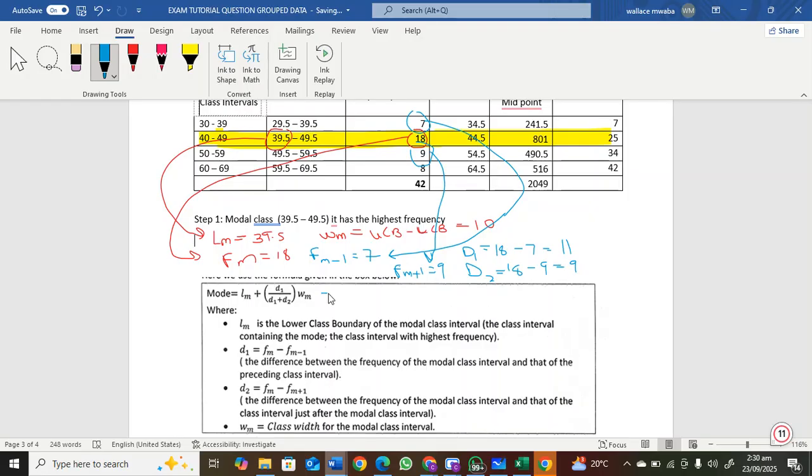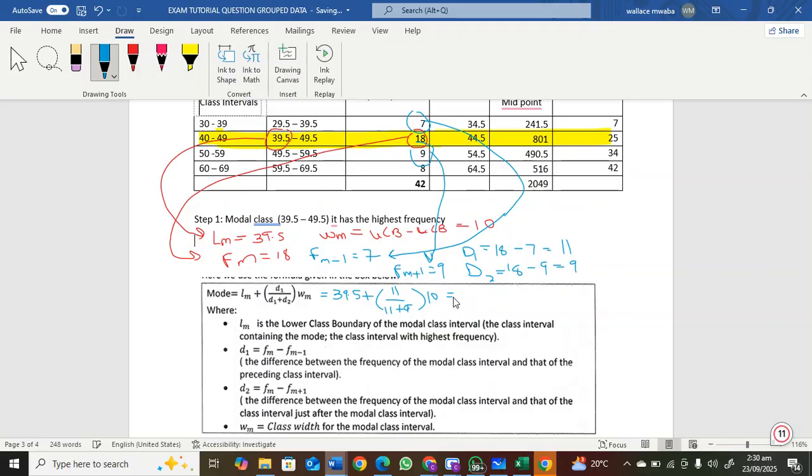So we can get our mode. The lower limit, I mean the lower class boundary, 39.5, plus D1, which is 11, over D1 plus D2, that is 11 plus 9, multiplied by 10.